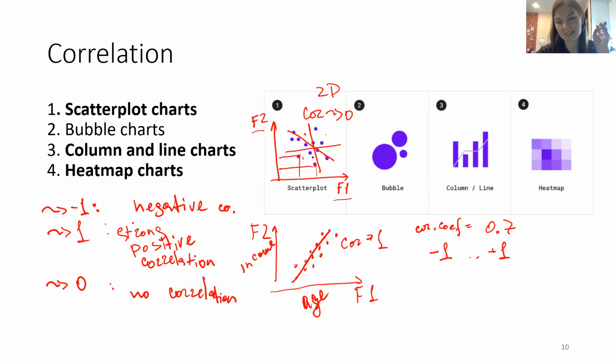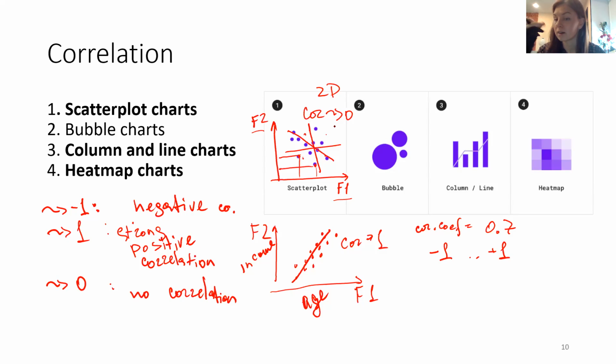Actually, it is closer to 0 than here, because we see that the variance of F2 is less correlated with the variance of F1. So when we are talking about dependencies, we are talking about the variance of data sets. And we will talk today about the covariance matrix, and this matrix consists of variances and correlation coefficients.